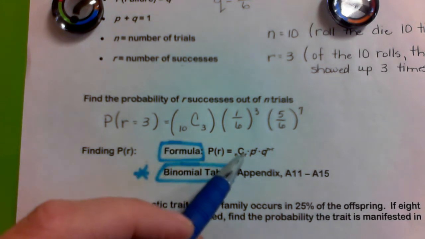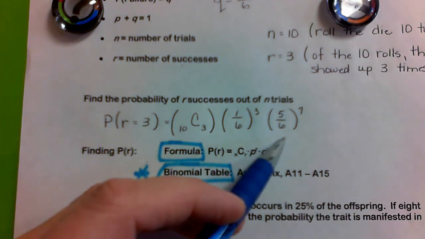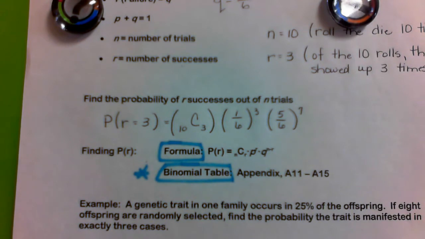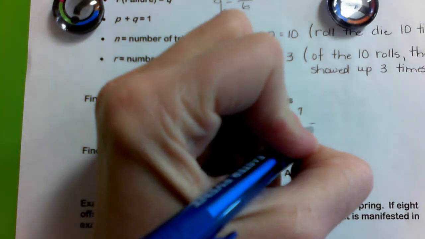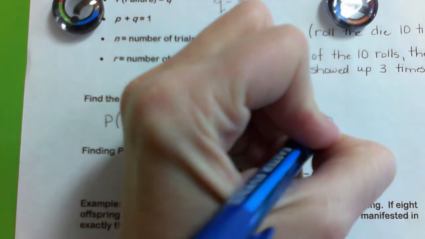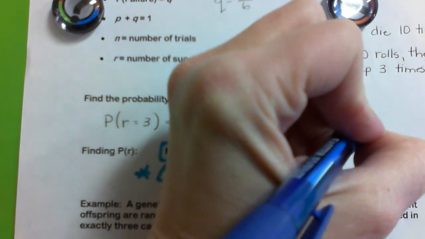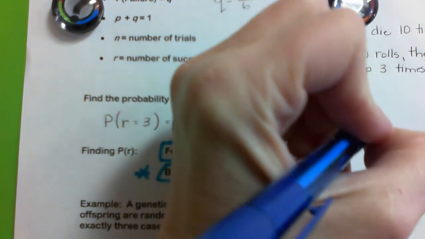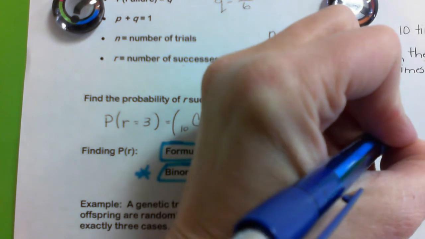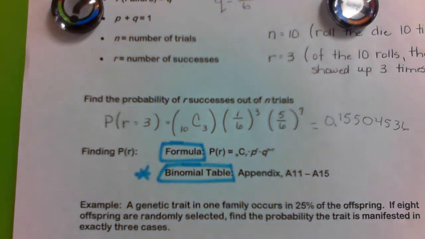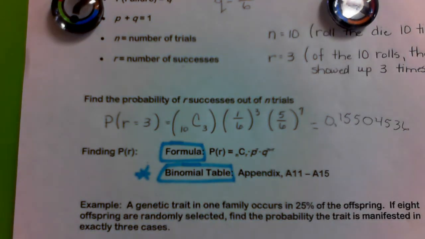I'm not going to spend a lot of time showing you how to put this into your calculator because we are not going to be using the calculator. I'll tell you the answer in the calculator: 0.155045336. If you can't figure out how to put that in your calculator, please don't stress, because what we're going to be using is the binomial table.